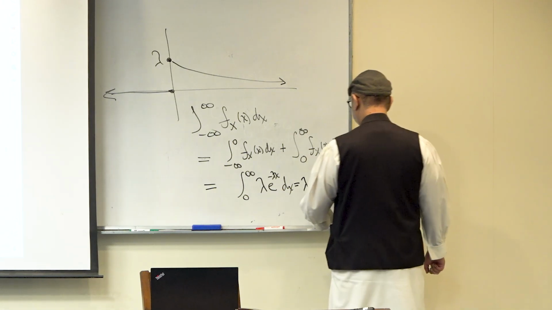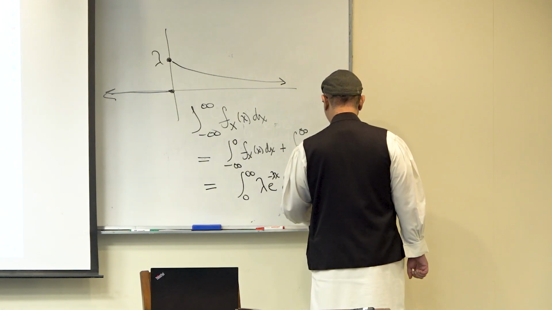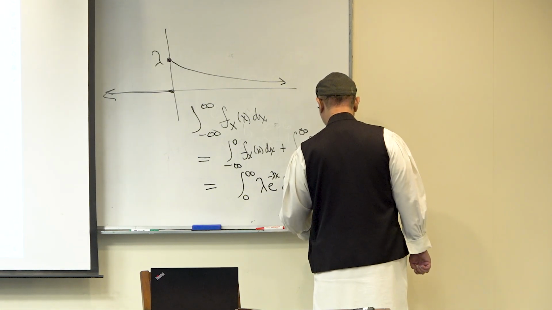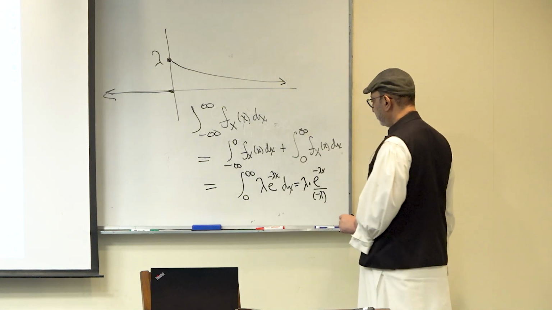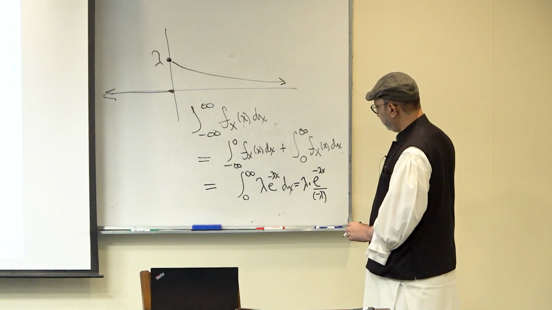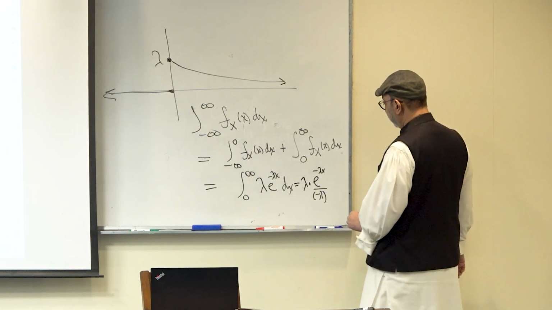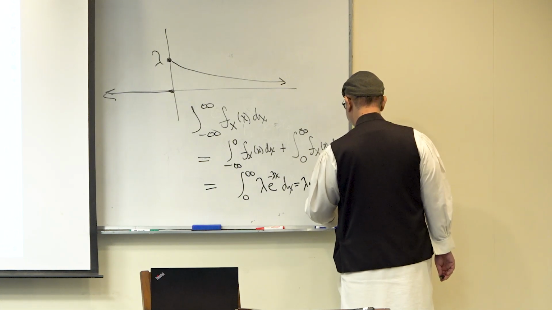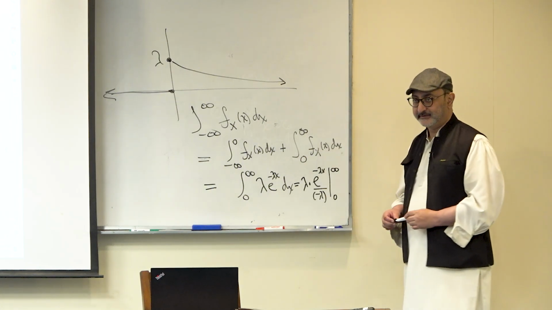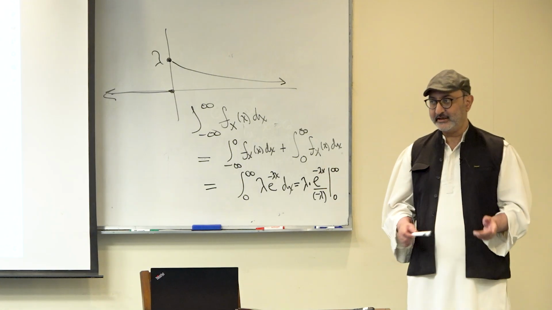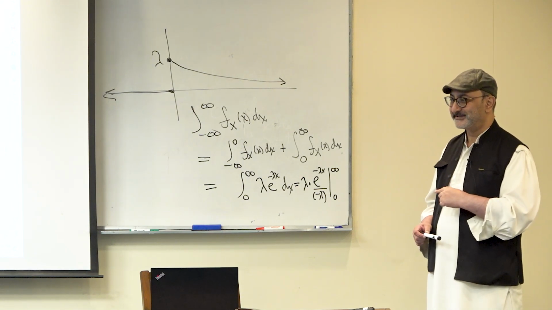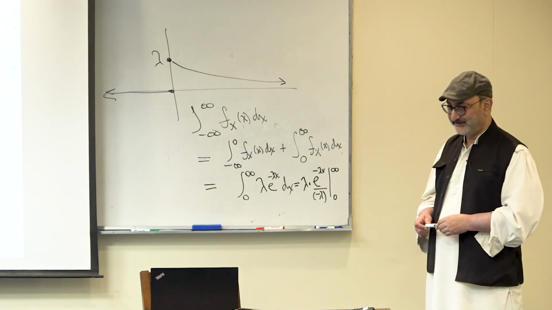Okay, so it's e to the negative lambda x divided by negative lambda. Does that work? Yeah? Now, this is to be evaluated at 0 and infinity. Is that okay? All right, you will need to know how to integrate this function.